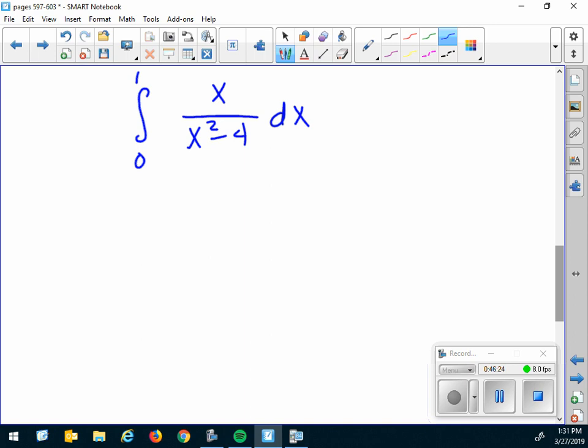So you say, well, all right, if I do a substitution, what would I let u equal? Well, if I let u equal x squared minus 4, what's du? 2x dx. Hey, I got an x in the numerator. That's what I'm going to do.